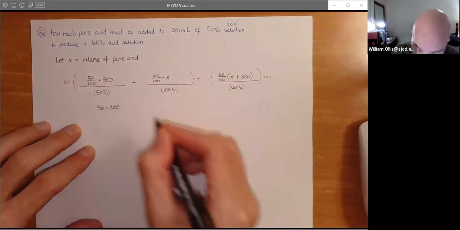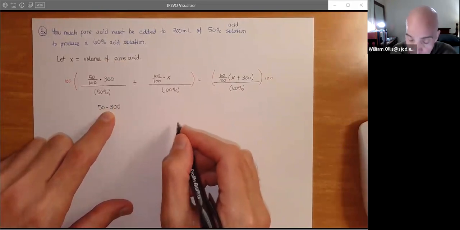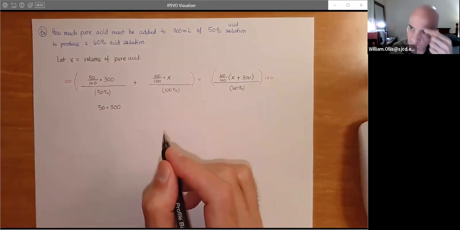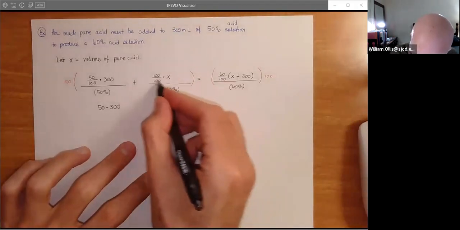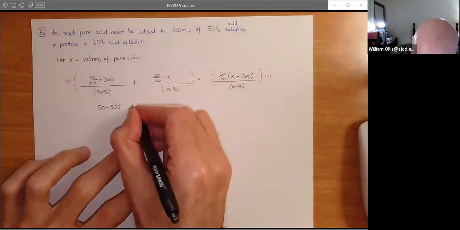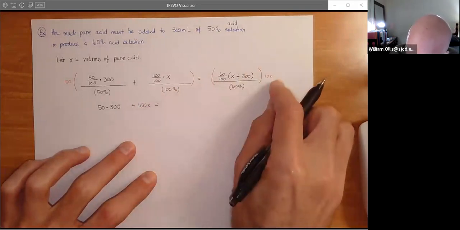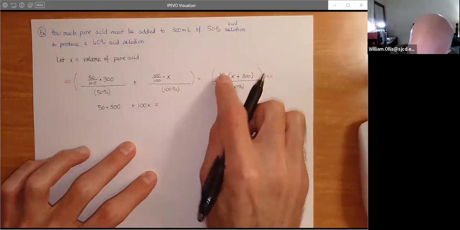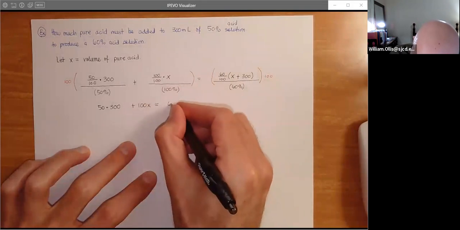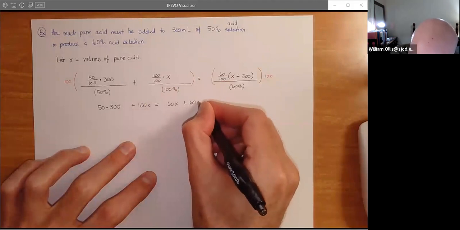So I put the dot here to avoid excessive use of parentheses, but don't think of this as a decimal. Place it up high enough so you know it's juxtaposition, multiplication. And now the 100s absorb here, and we just have 100x. Now with the 100 here, notice the only thing we're left with when we multiply by the 100 is the 60. So we get 60x plus 60 times 300.